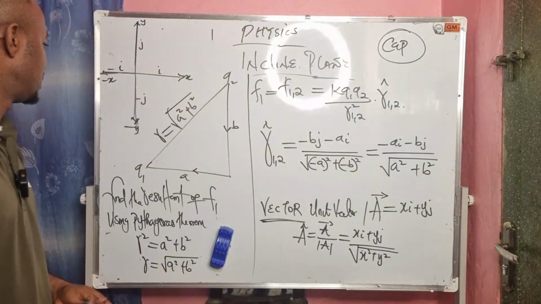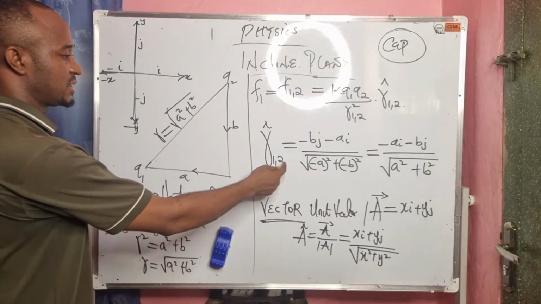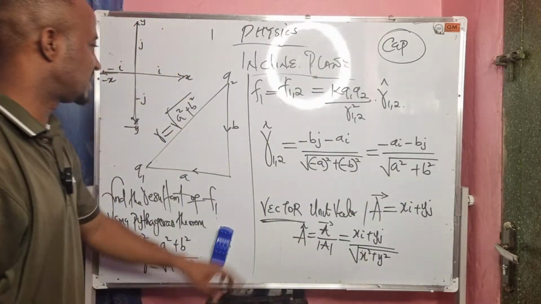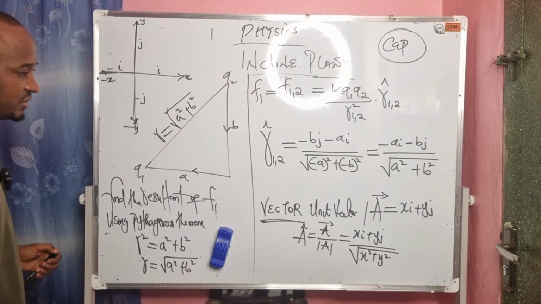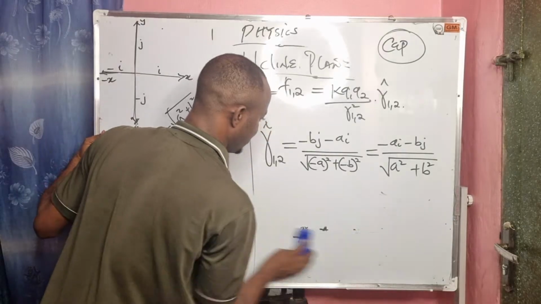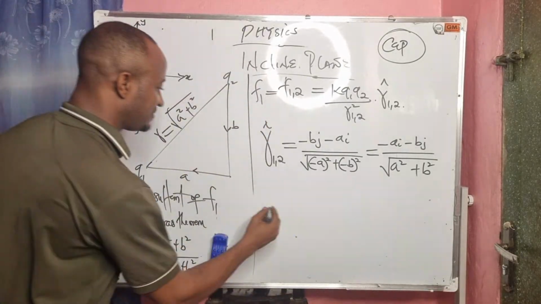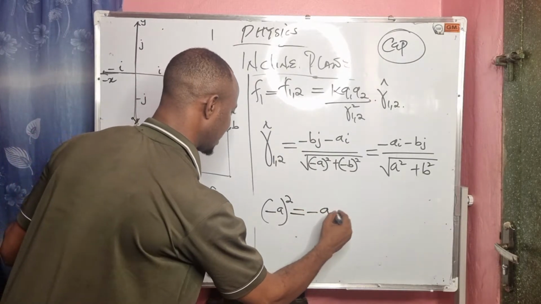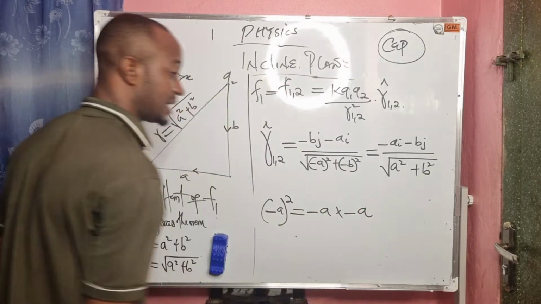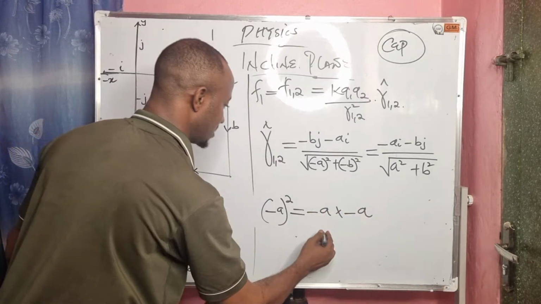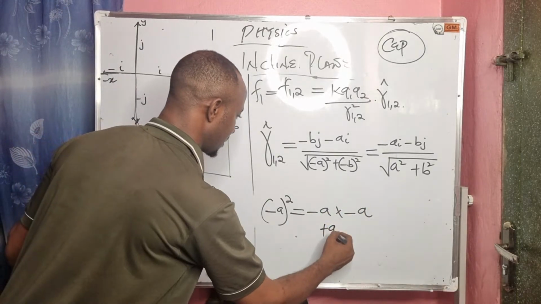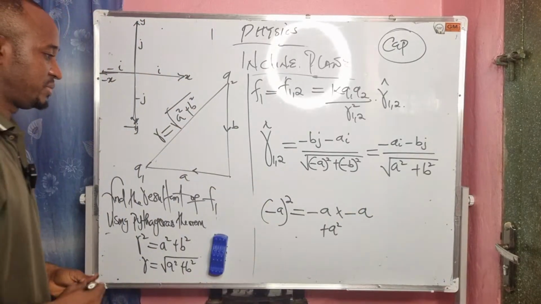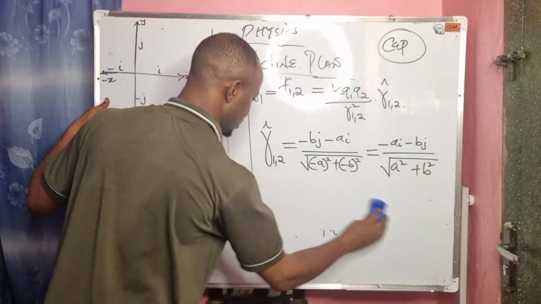So the direction of action from charge 2 to charge 1 is simply this. I hope there's no challenge here. Some of you have issues with this kind of mathematics. If we have minus a all to the power of 2, this is the same as minus a times minus a, right? Minus times minus is plus. What is a times a? It is a squared, which is the same as this. The same goes for minus b all to the power of 2.